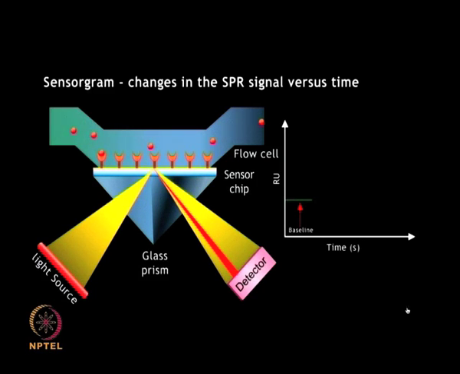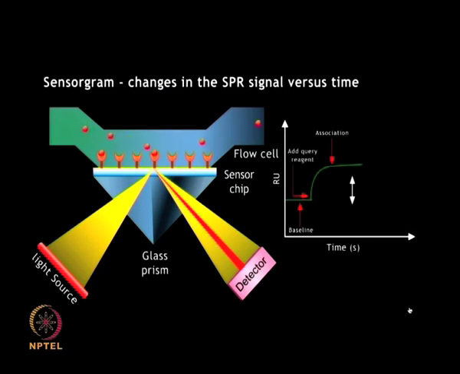So, when the running buffer is added onto the SPR chip containing printed antibodies, initially the baseline is straight. When query molecule is added in flow cell, the interacting antigen binds to the antibody and association can be seen in SPR sensorgram.